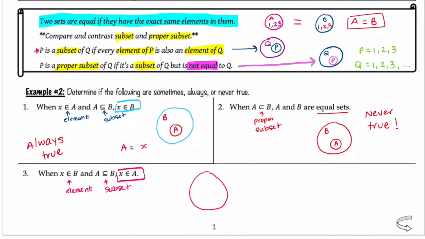We have A is a subset of B, and they're telling me that X is a member of set B. Does that mean that X is also in A? Maybe, maybe not. So this can be sometimes true.